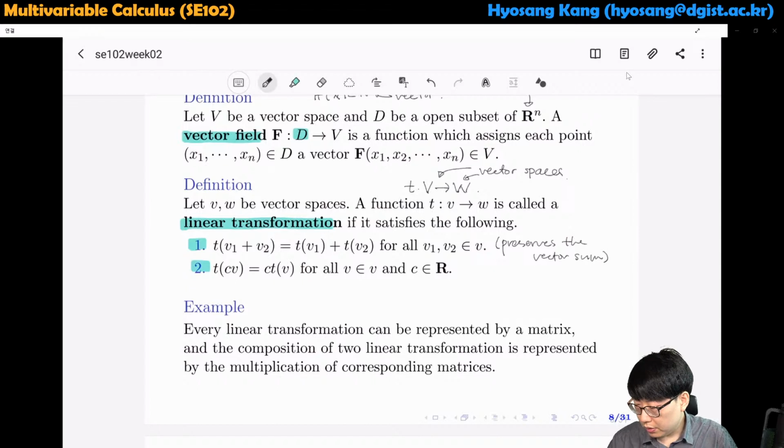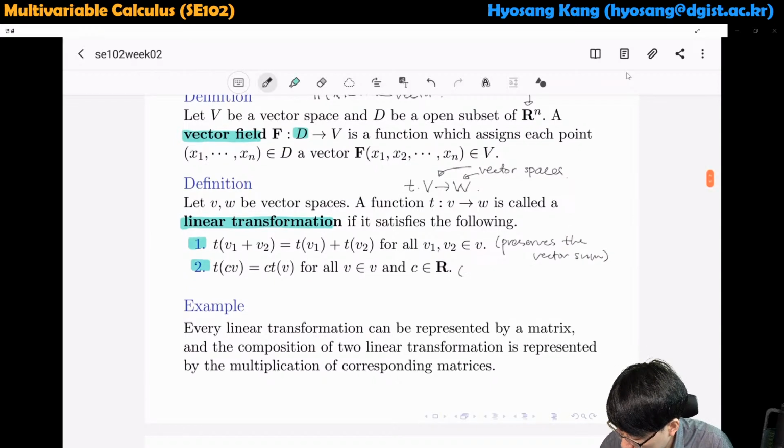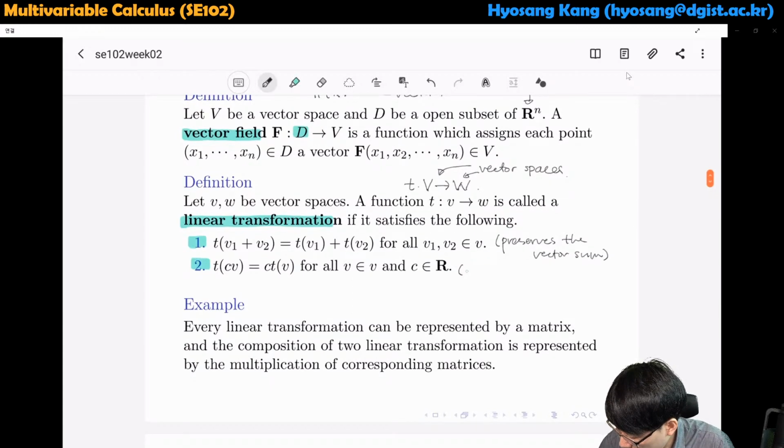If you take the sum of two vectors before you apply the transformation, it's the same thing as taking the vector sum after you apply the transformation to each vector. And the second condition is that it preserves scalar multiplication.